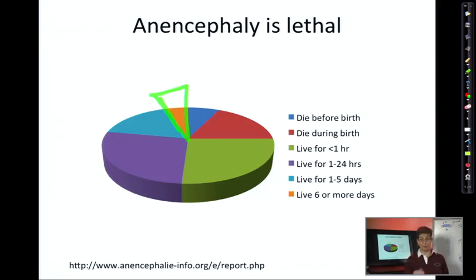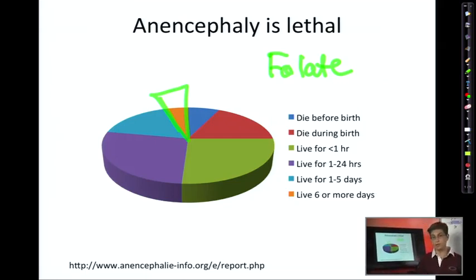Now, the interesting thing, or the important thing about neural tube defects and neural tube closure, is that we can prevent a lot of them, and we prevent them by supplementing the diet with folate or folic acid. And because the vast majority of individuals who are pregnant do not know that they're pregnant at day 21, what Western governments have decided to do, this is true in many countries in Europe, this is true in the Caribbean, and it's true in the United States and Canada, has been to require that grains are supplemented with folate.